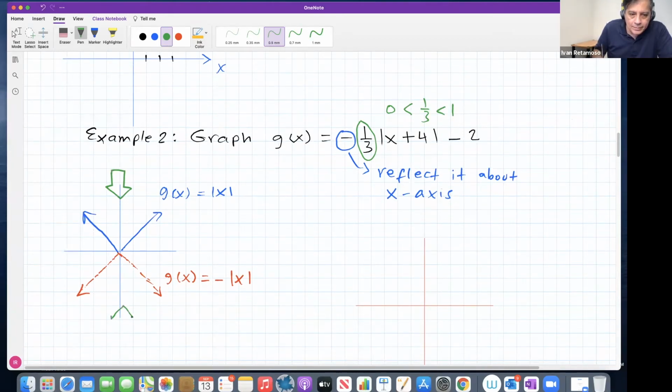Vertical compression there. And as usual, keeping this point fixed, because this 0, 0 is not going to go anywhere when multiplied by 1/3. As a consequence of this compression, notice that this graph will be wider, like this.